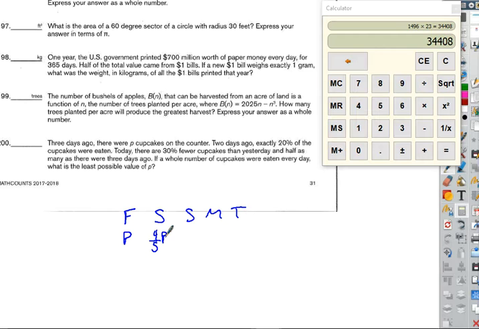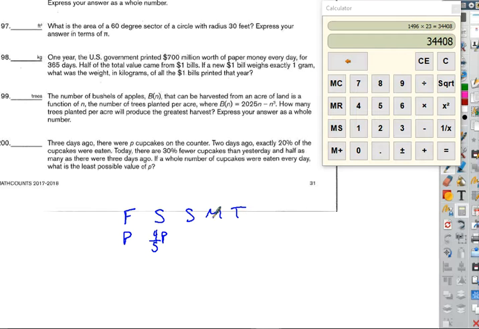Today, there were 30 fewer cupcakes than yesterday. So here, there are 30 fewer than this day right here. How am I going to express that? Well, here is what I'm going to do. Fewer, and half as many as there were 3 days ago.